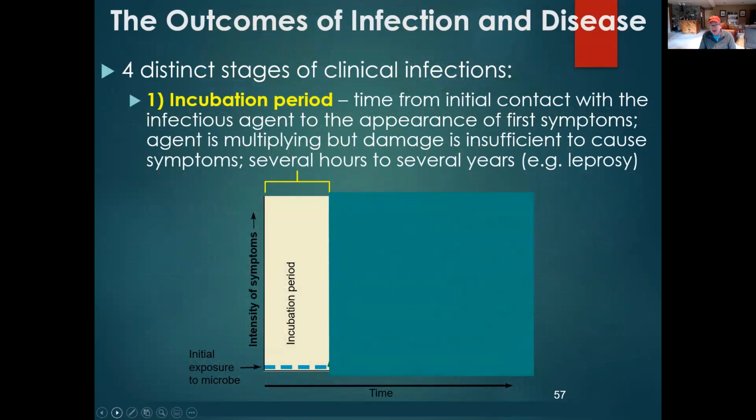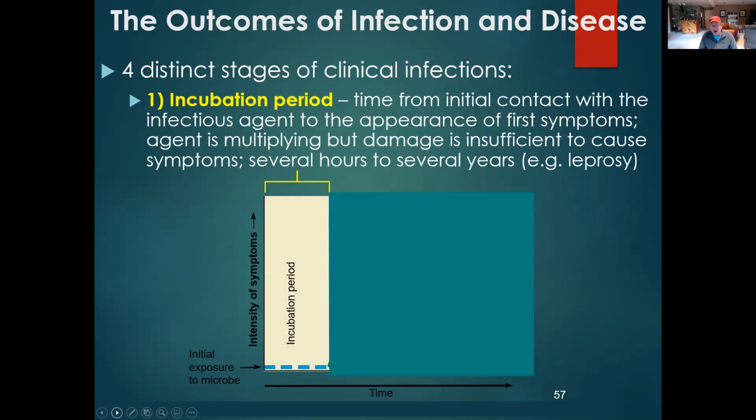Okay, let's talk next about some of the different stages of an infection as it might occur in you or me. The first stage of which sort of makes sense, the incubation period. This, of course, is that initial stage of an infection, which is from the time you're first exposed to the pathogen to the time you begin to see some of the very, very first initial symptoms.